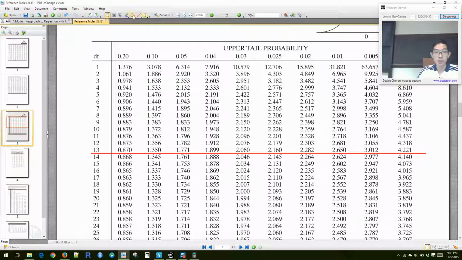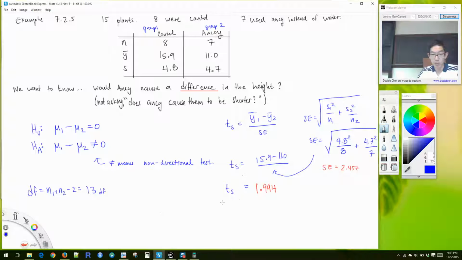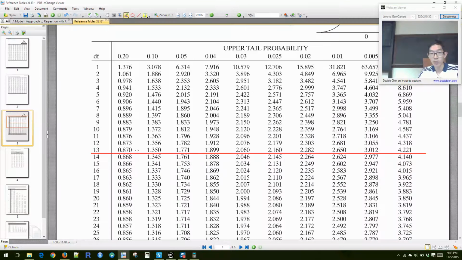Essentially I'm looking for where this value, 1.994, fits in this lineup. It fits in between 1.899 and 2.060, right here, between these two columns for row 13.